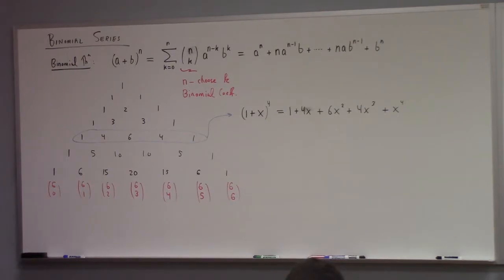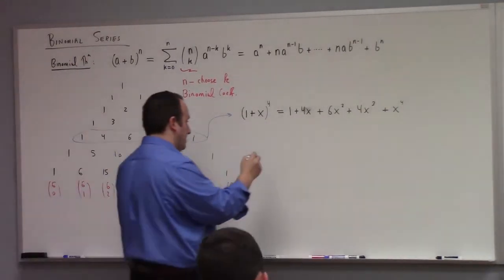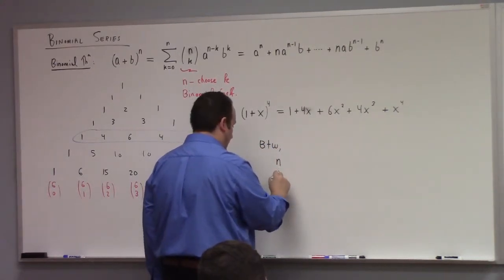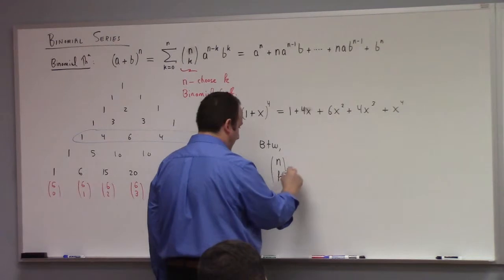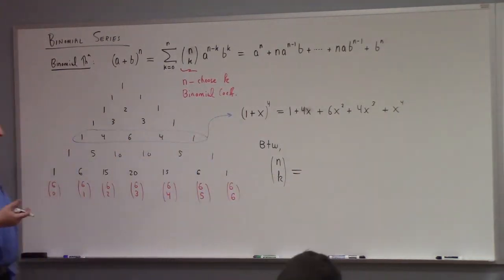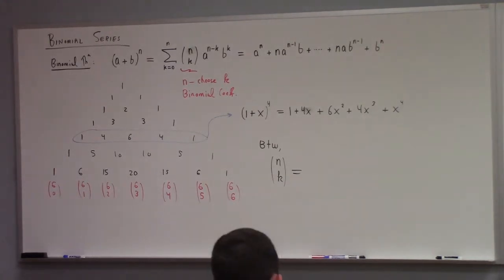Do you guys know what the formula is for n choose k? There's a formula you can write down for the binomial coefficients in terms of a ratio of factorials. Does anyone know that from their probability and stats class?